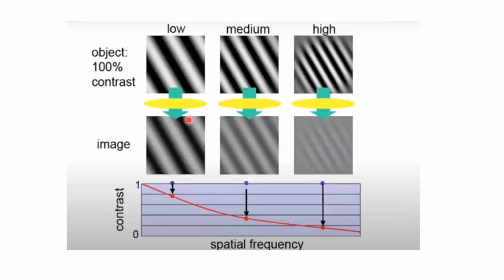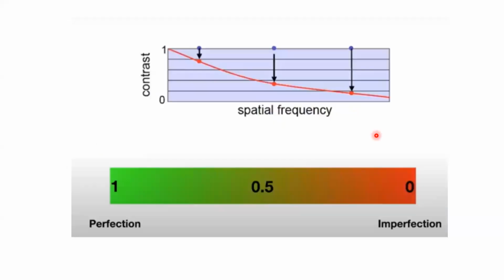Here we see that if the object has 100% contrast and is of low spatial frequency, we can see it very well. As we go towards high spatial frequencies, the object contrast still remains 100%, but the image contrast drops drastically. That is what we mean by modulation transfer function. So a modulation transfer function of 1 is perfect, as in 100% of the object contrast is transferred to the image, whereas 0 is imperfection.